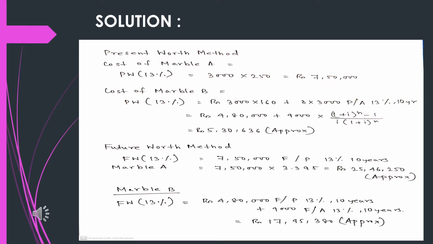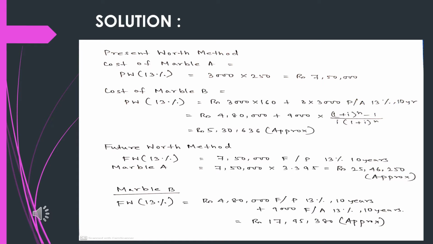Under present worth calculation at 13%, we have the per square feet cost of material and laying as 200 plus 50, which needs to be multiplied by the total area of that office, which is 3000 square feet. Multiplying those two, we get the cost of marble A at present worth as 7,50,000.